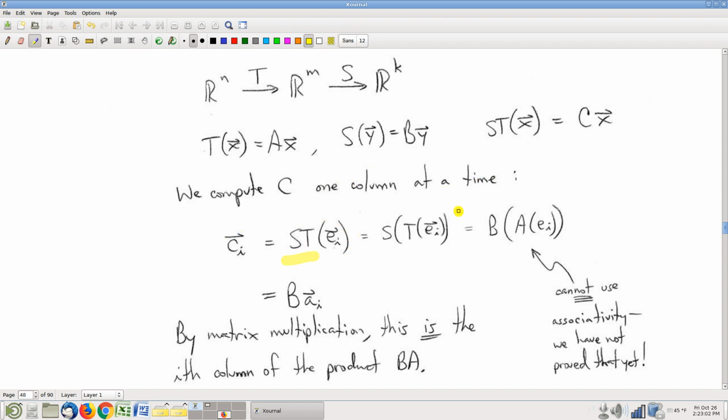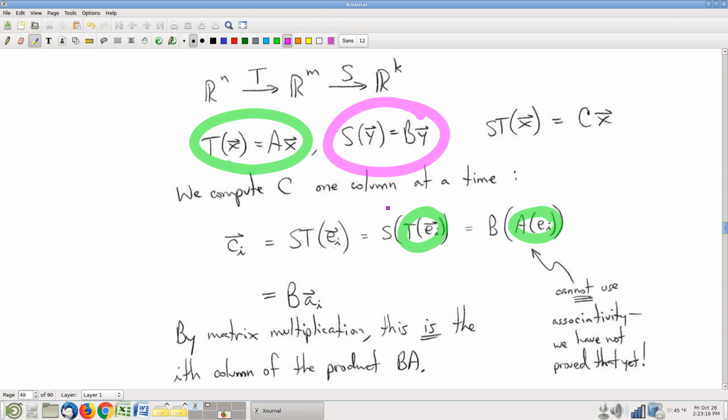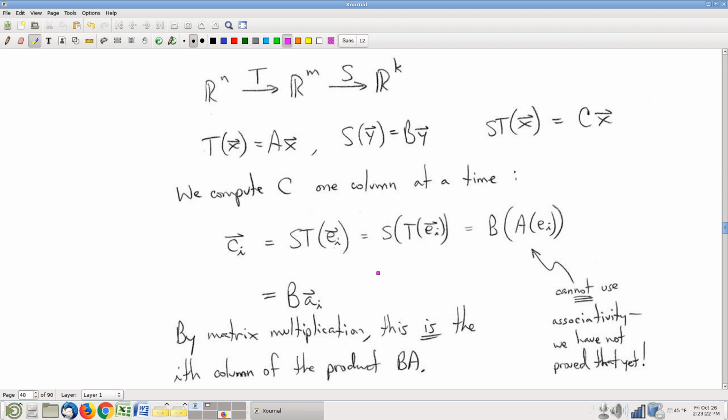Multiplication of transformations is composition. T is done by multiplication by A. S is done by multiplication by B. There's a temptation to play associativity games and just kind of move parentheses around like that. Let's not do that yet.